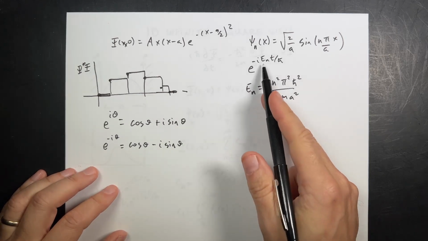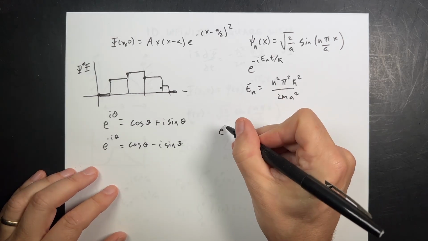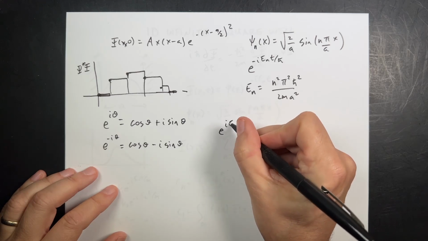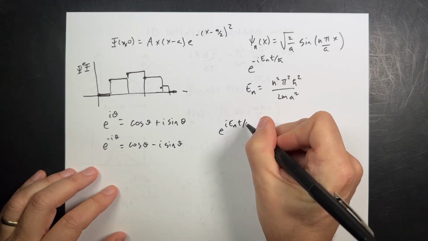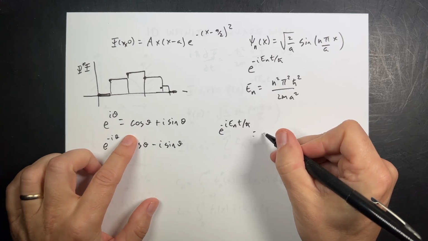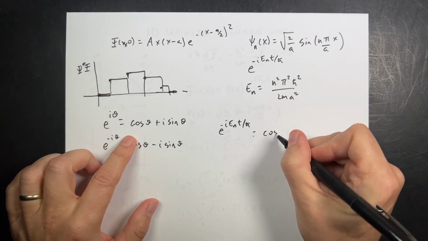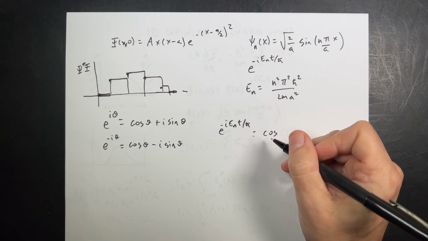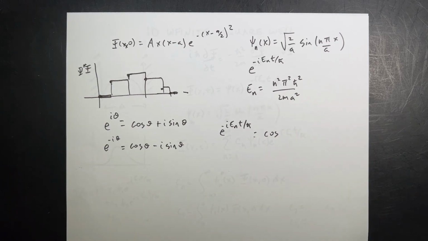So that means that this thing right here, e to the i E n t over h bar, is going to be equal to cosine. Is that what I did? I got that backwards. I'm looking up here, looking at my notes.